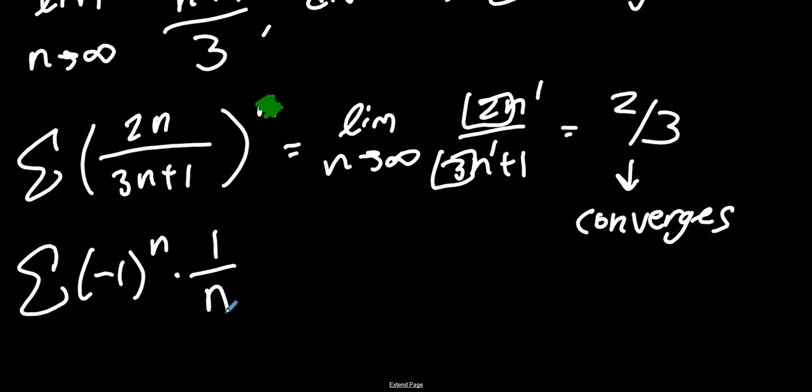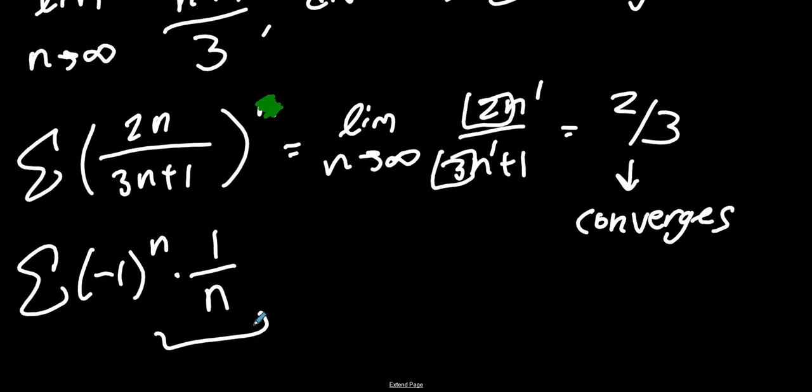The conditions for using this test are that whatever's tagging along has to be a decreasing function, and the limit as n approaches infinity has to equal 0. For this particular example, the function attached to it is 1 over n, right? As n gets bigger, the fraction gets smaller.